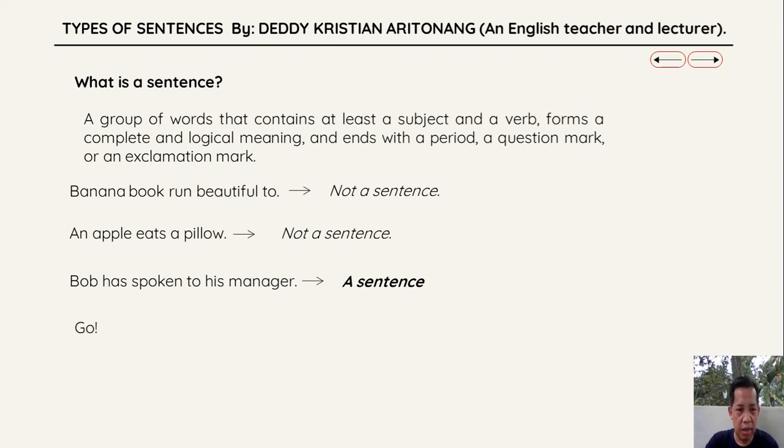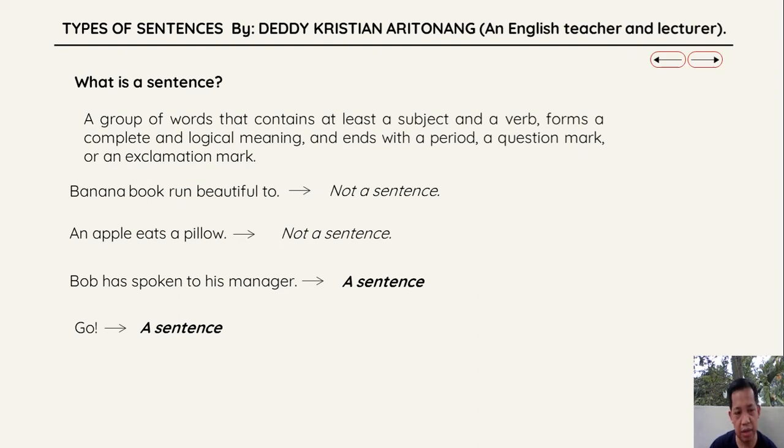Okay, what about the word go? What do you think? Is this a sentence? Surprisingly, it is yes, it is a sentence. Now, this might be a little bit unique because it is only one word, it is not a group of words, but actually, this has what is called a hidden subject.